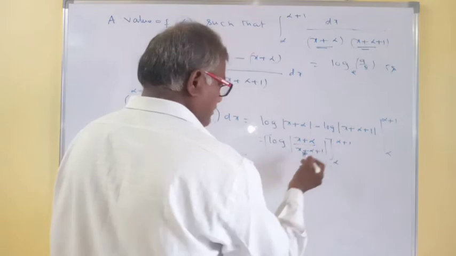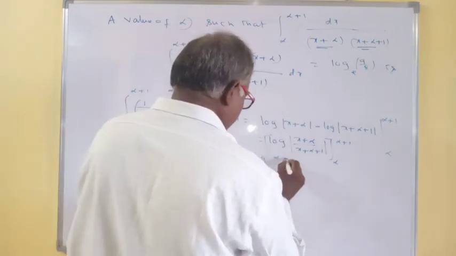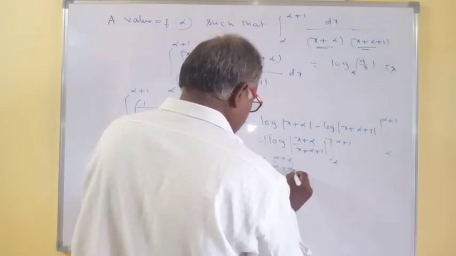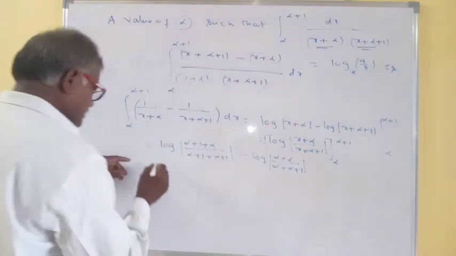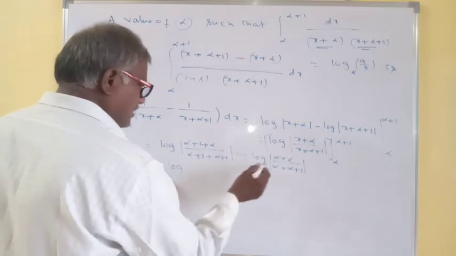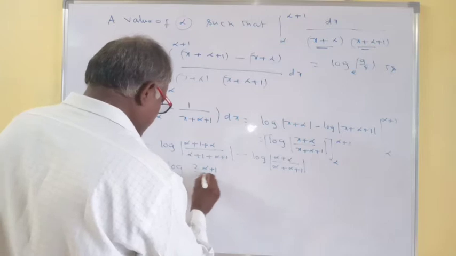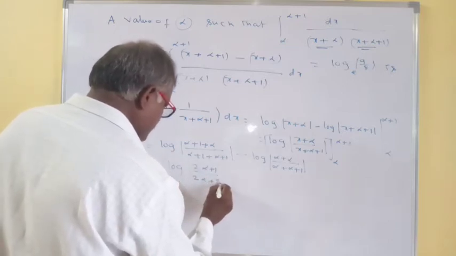Upper limit over. Next, minus the lower limit, log of alpha plus alpha into alpha plus 1. Here again log m minus log n, that means 2 alpha plus 1 by 2 alpha plus 2.